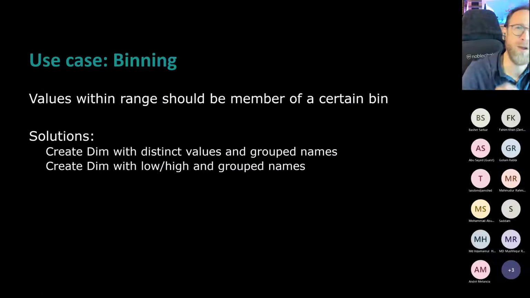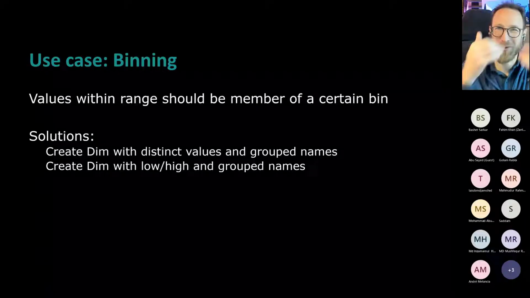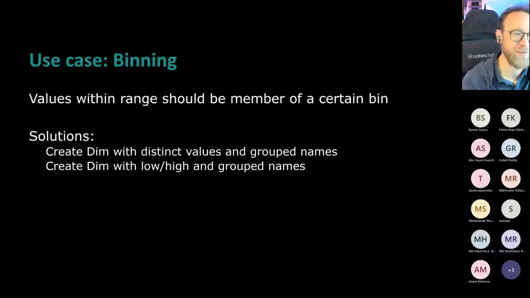There are two ways we can model this. One, we can actually use relationships, which is faster, but then we have to build a table according to the different bins and values we have available. We'll see in a second. The other is the detached table approach, where we just provide the low and high range of the bin and then make sure DAX covers this more complex relationship.